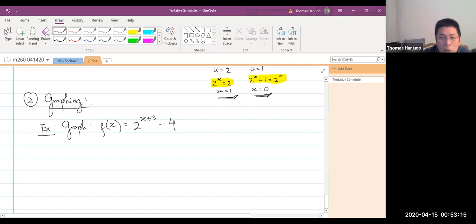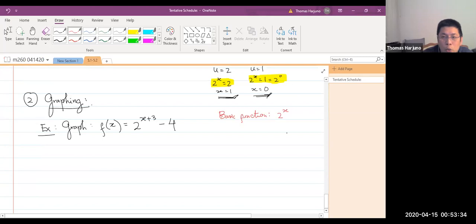The way we think will be as the following. The basic function is 2 to the x.